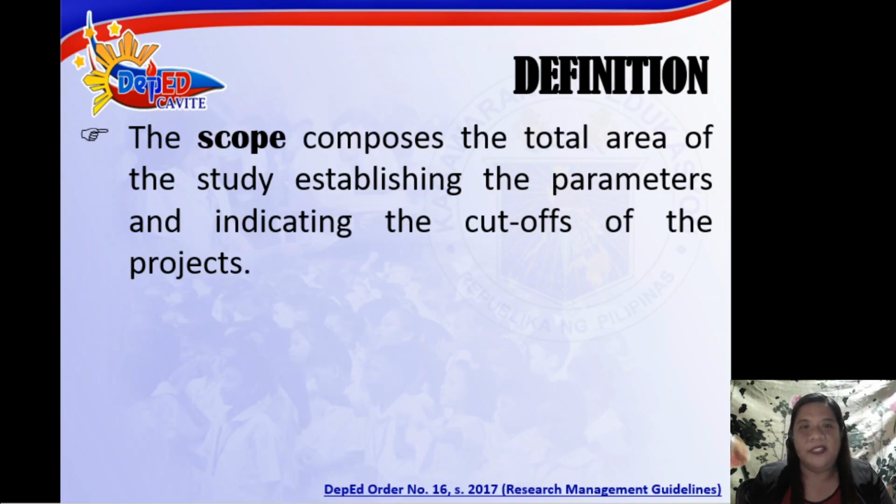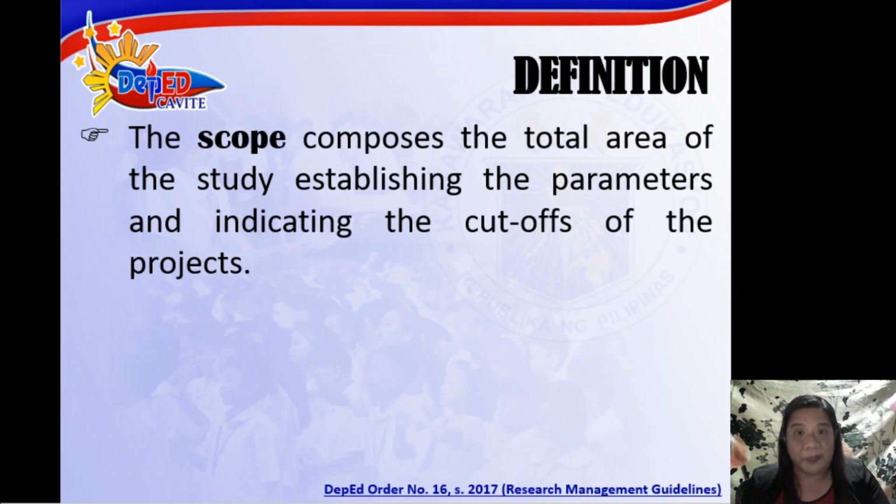It comprises the total area of the study, establishing the parameters and indicating the cutoffs of the project. For example, you want to conduct a phenomenological study on the lived experiences of the learners, the teachers, and the parents during the COVID-19 pandemic. It is impossible, however, to cover every aspect of that particular topic.